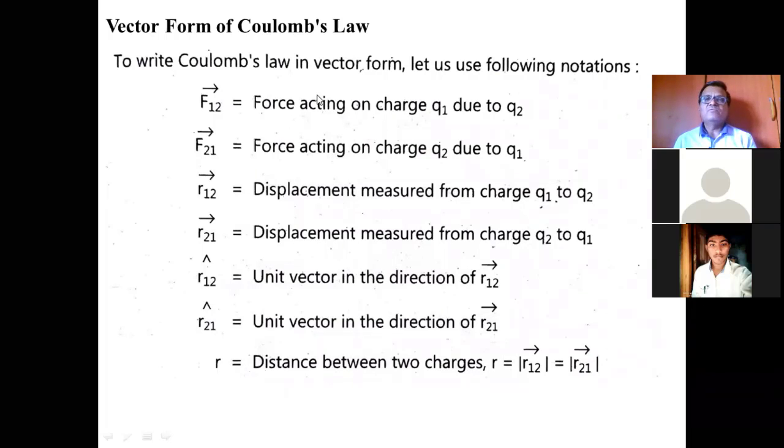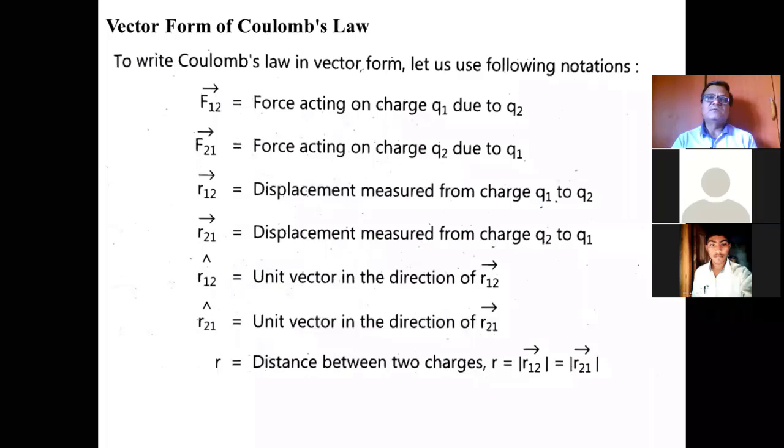Now we have to consider this vector form of Coulomb's law in two ways. In the first way, we consider like charges, and in the second way, we consider unlike charges. In the case of like charges, there is a repulsive force, and in the case of unlike charges, there is an attractive force.